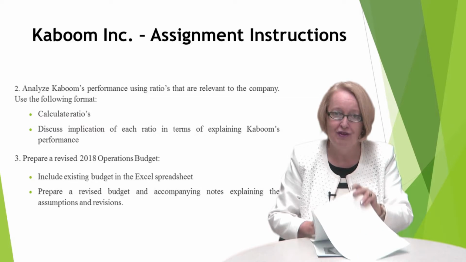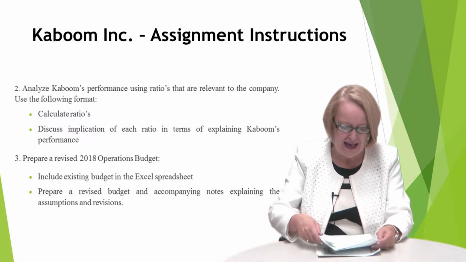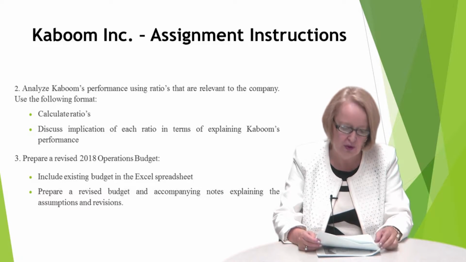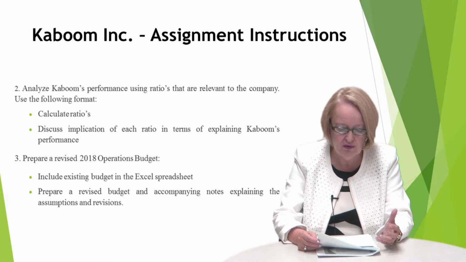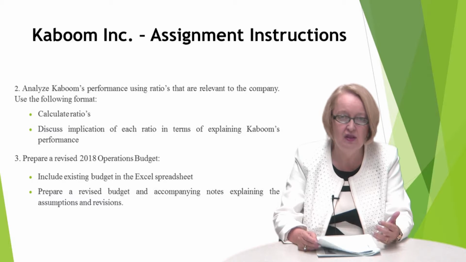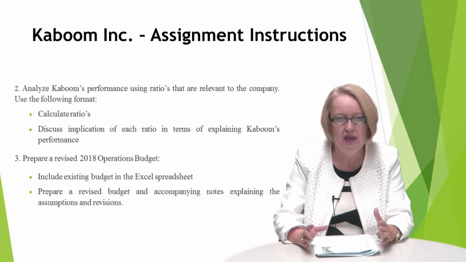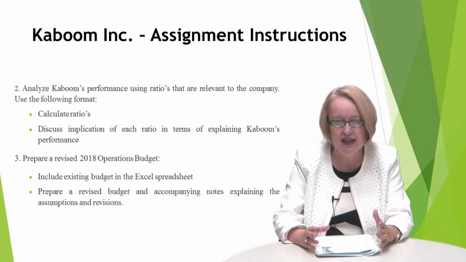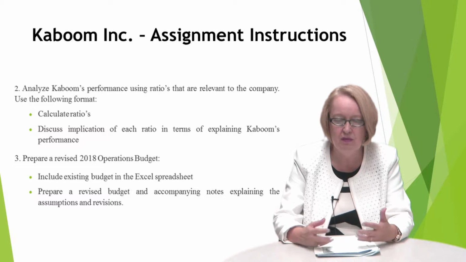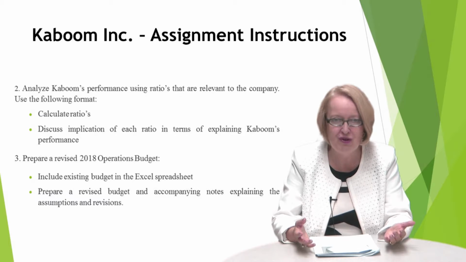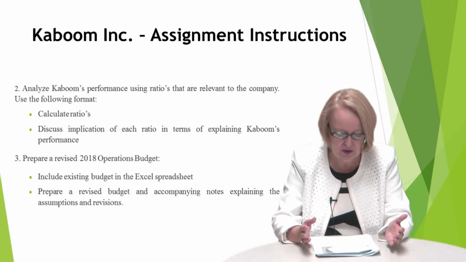Continuing on with the instructions for Kaboom, the next thing you want to do is analyze Kaboom's performance using ratios that are relevant to the company. So there is a document there on Brightspace that provides the formulas for the various ratios, and I'm sure you've covered this anyway in undergrad and in other courses in the program.